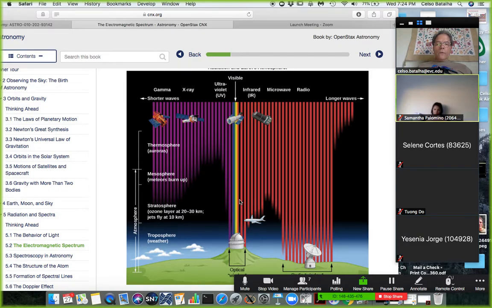Now, what is being shown here is the window through which we can see things coming out of outer space. For instance, in the longer radio waves, you don't see transmission in our atmosphere. Our atmosphere is said to be opaque to this longer wavelength. Look at infrared.